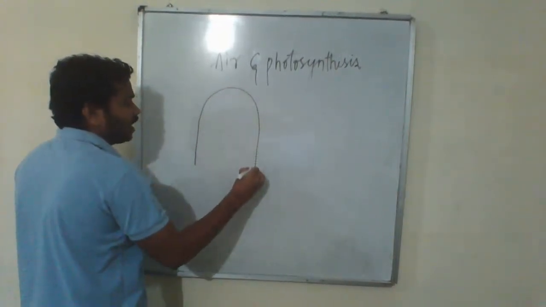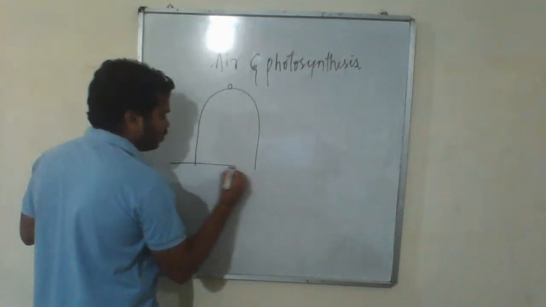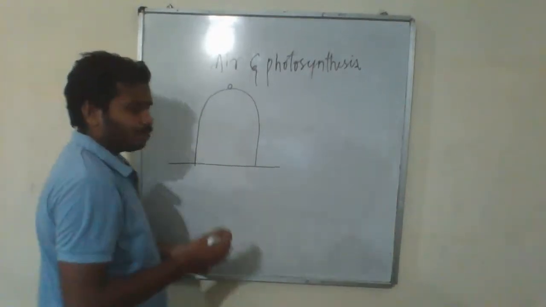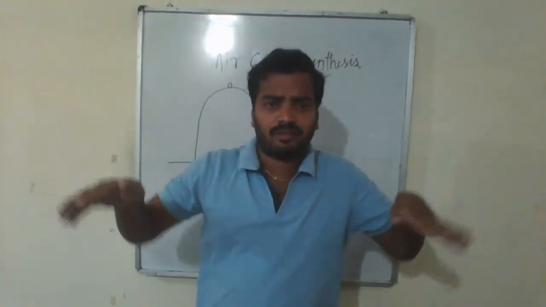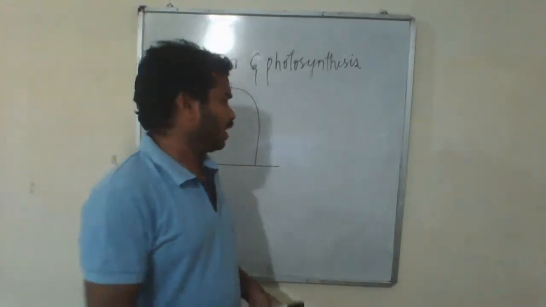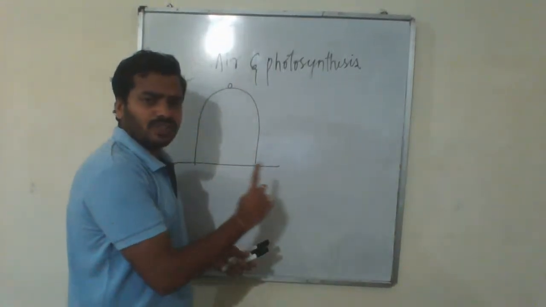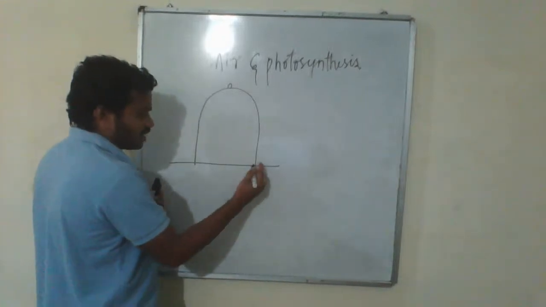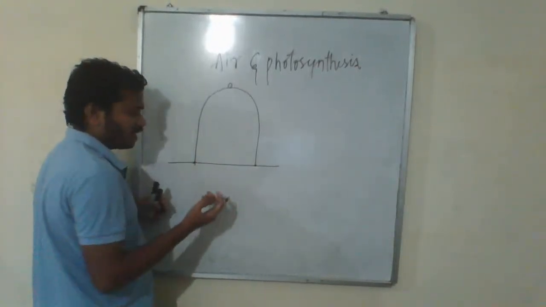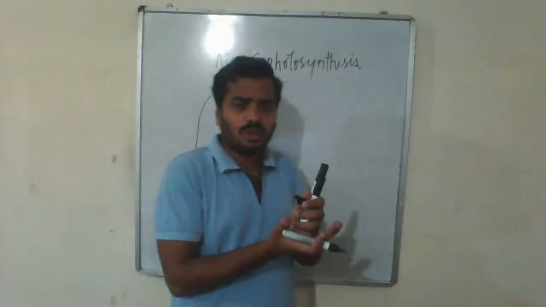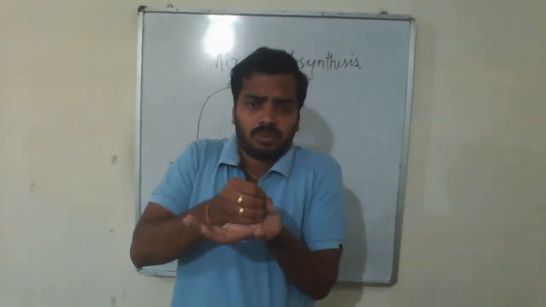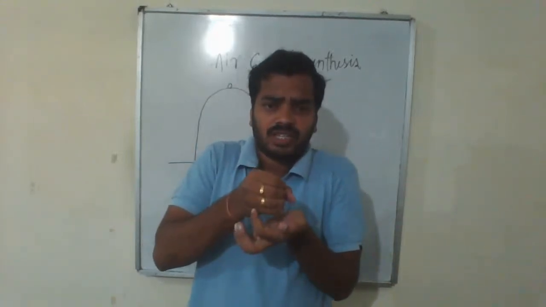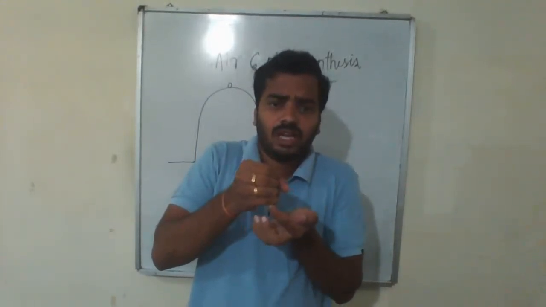In one setup, he placed this bell jar upon a platform, like a floor or something like that, and the connection it makes with the surface would be sealed.